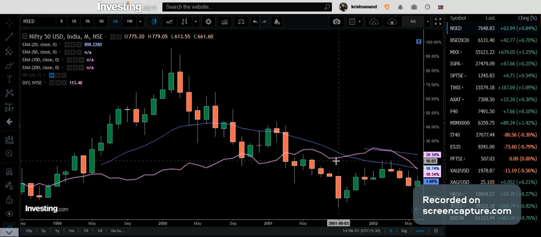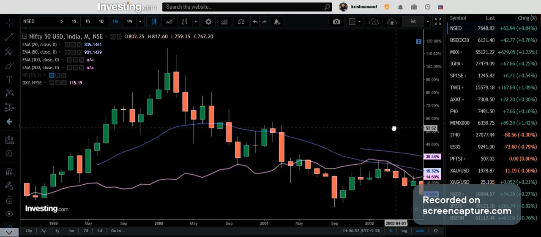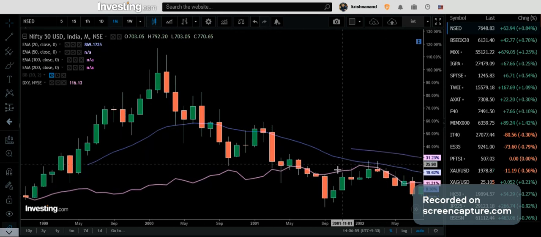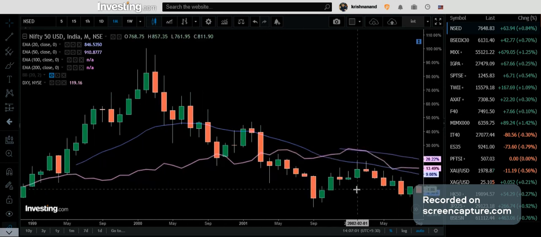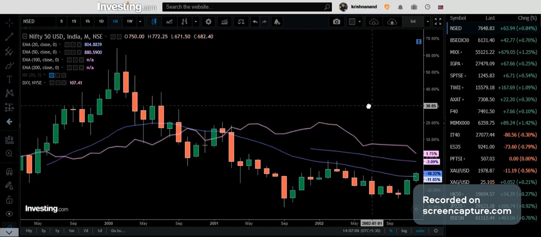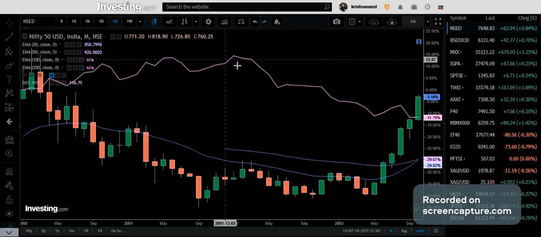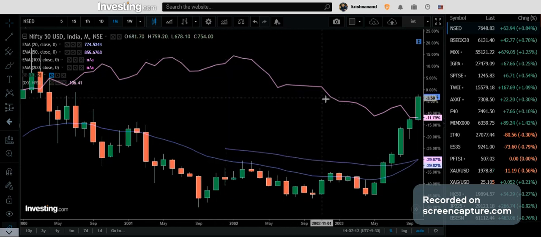Now we can see the US dollar index after 2002 has started to decline, and this is an indication that this whole move is going to be cancelled and the Nifty 50 is going to go up. After this, you can see the Nifty 50 has started to move up, and the US dollar is continuously going down.